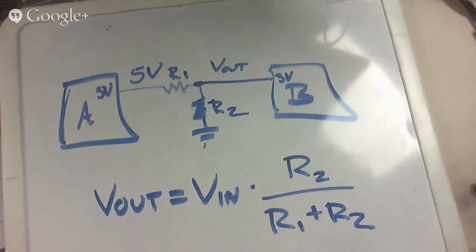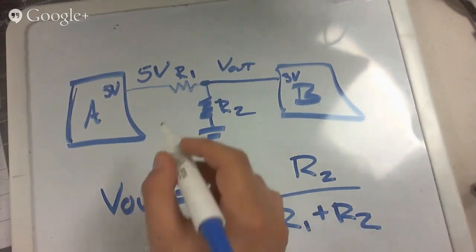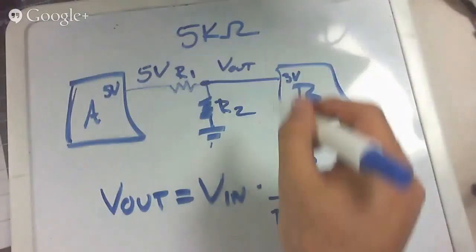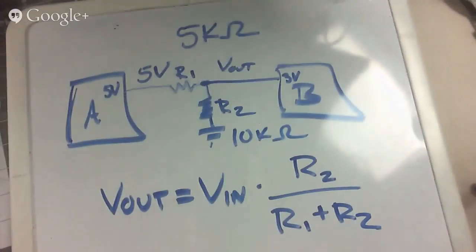The 5 volts will be our V in, R1 is this one, and R2 is down here. So let's let R1 be a 5 kilo ohm resistor, and R2 a 10 kilo ohm resistor.